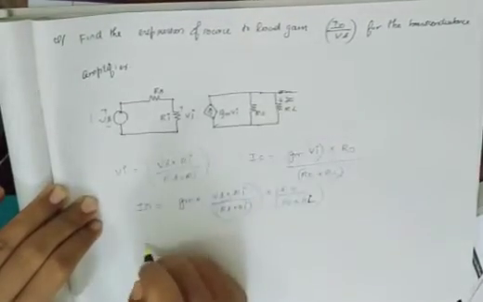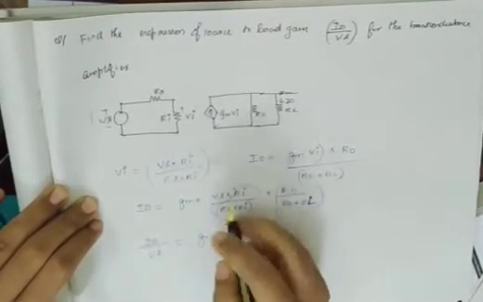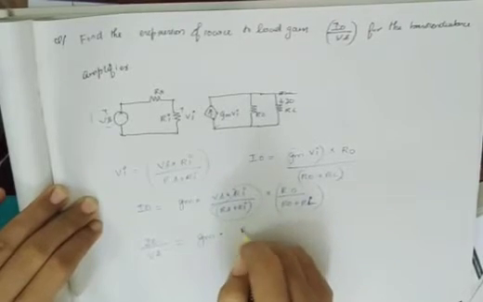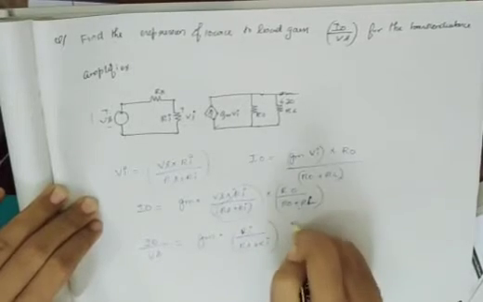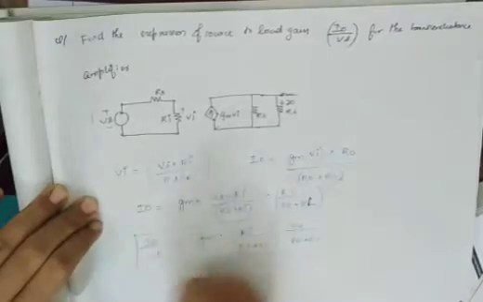Now I can write I0 divided by Vs equal to Gm into Ri divided by Rs plus Ri into R0 divided by R0 plus RL. So this is the answer.